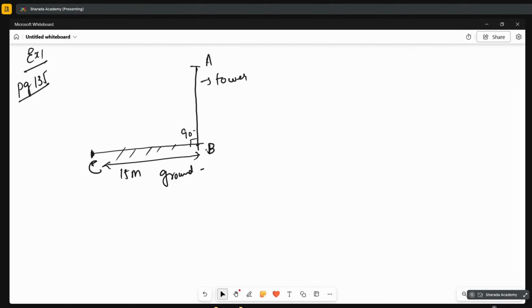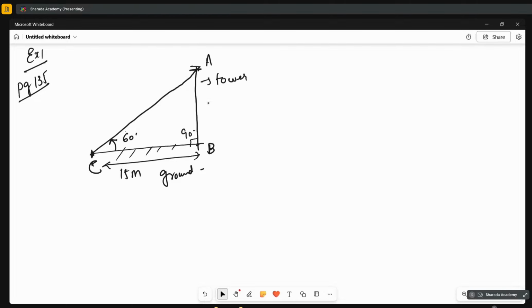Now, the angle of elevation of the top of the tower is found to be 60 degrees. This point I'll call E. The angle of elevation from the ground to the top of the tower is given as 60 degrees. Now find the height of the tower, that is AB. Read the question if you have the book.